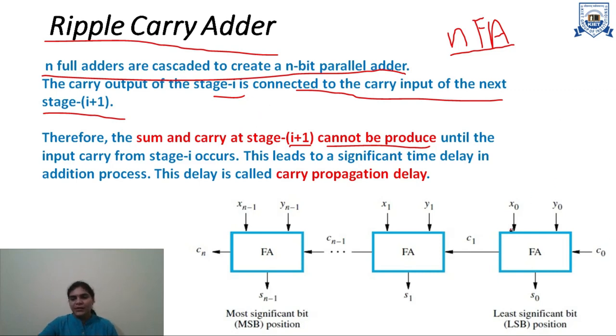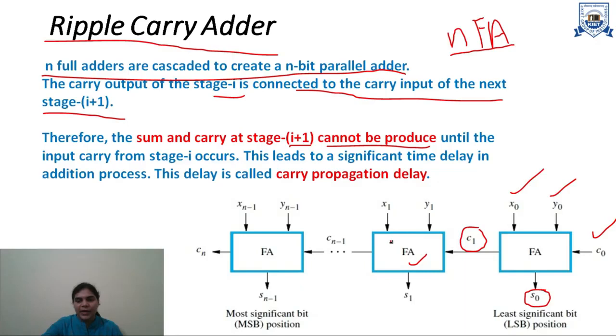As you can see in this example, the two numbers are being added with input carry and it produces the sum as 0 and carry C1. And this C1 is connected to the next full adder.